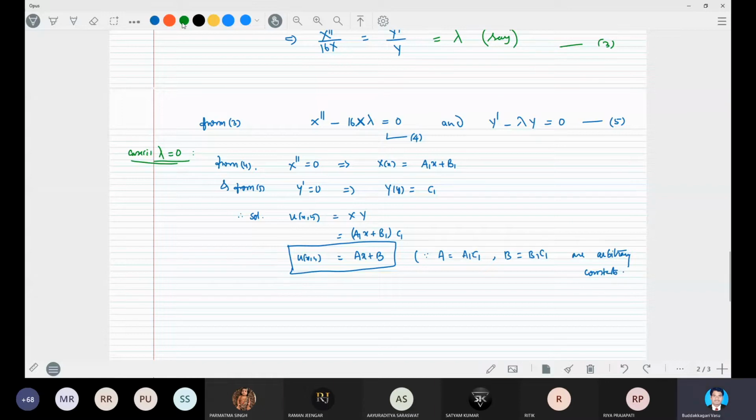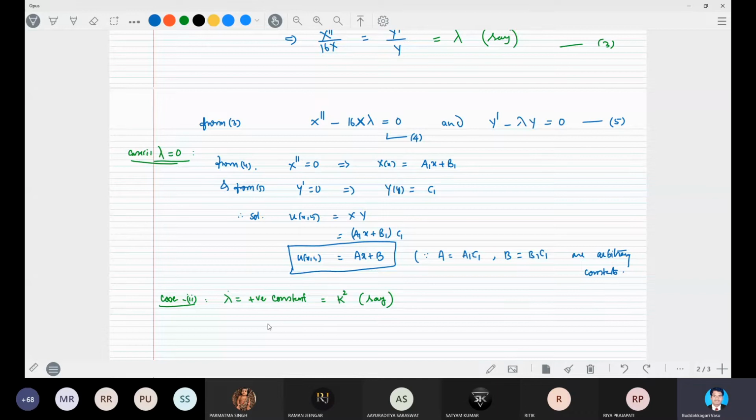Right. Now for another case, assume case 2, lambda is equal to a positive constant. Take lambda is equal to k square, right?